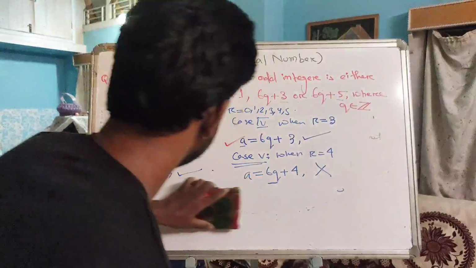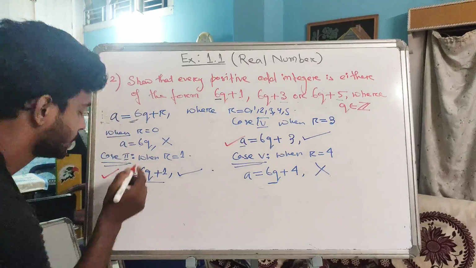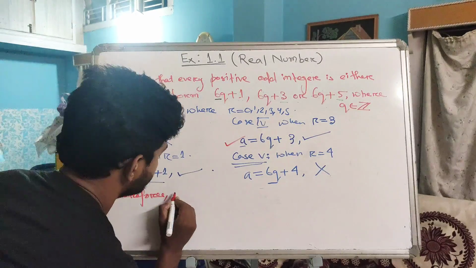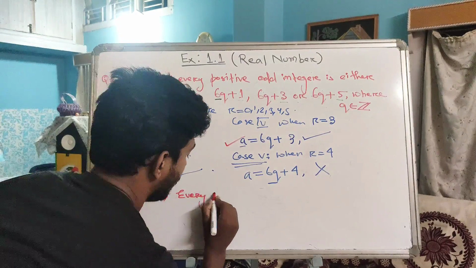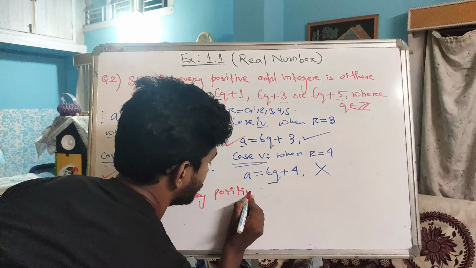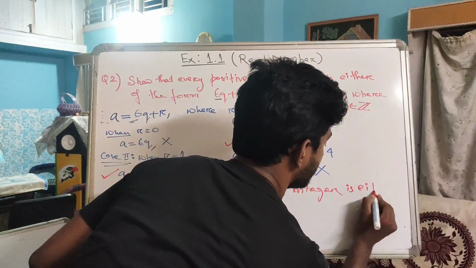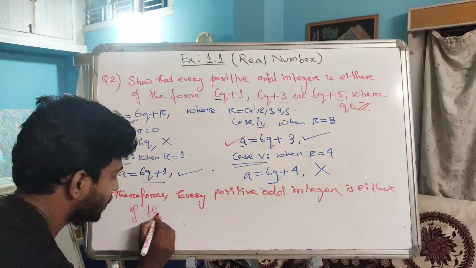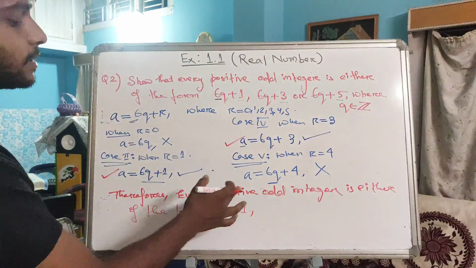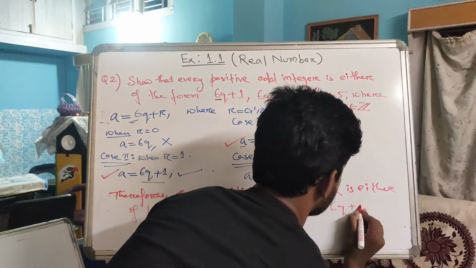The forms which were considerable give us the conclusion: therefore every positive odd integer is either of the form 6q plus 1, which we have shown why it is considerable, the second one 6q plus 3, and the last 6q plus 5, and we are done.